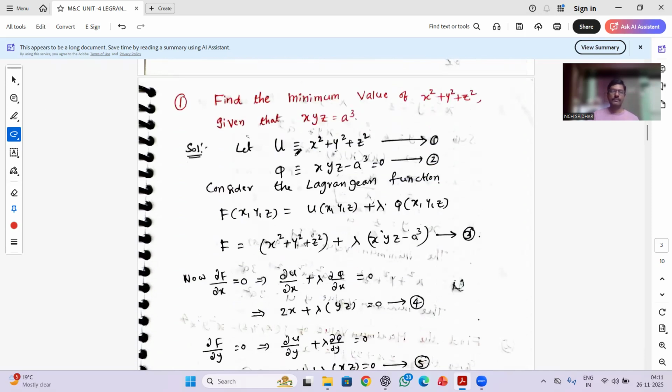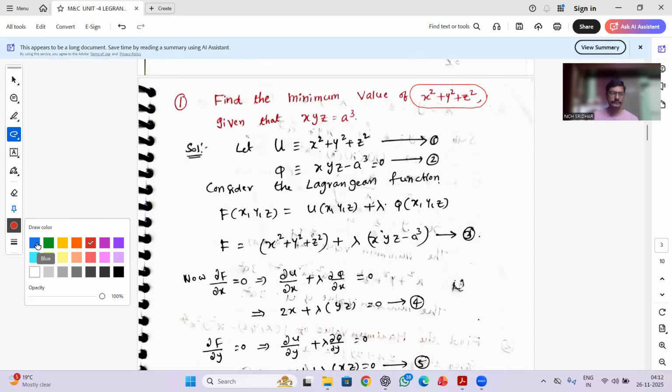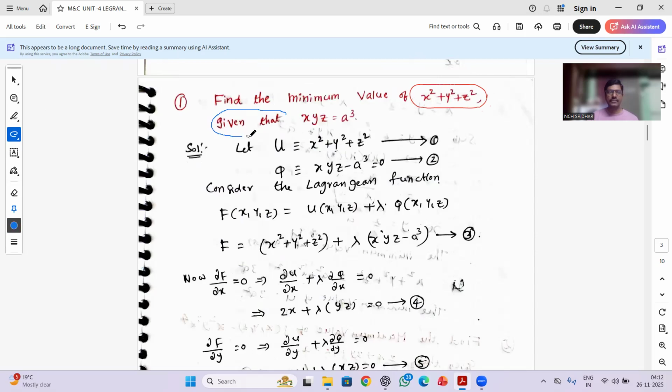First problem: find the minimum value of x square plus y square plus z square, given that xyz is equal to a cube.